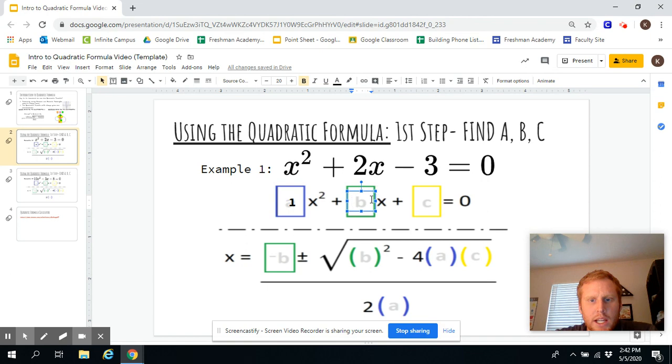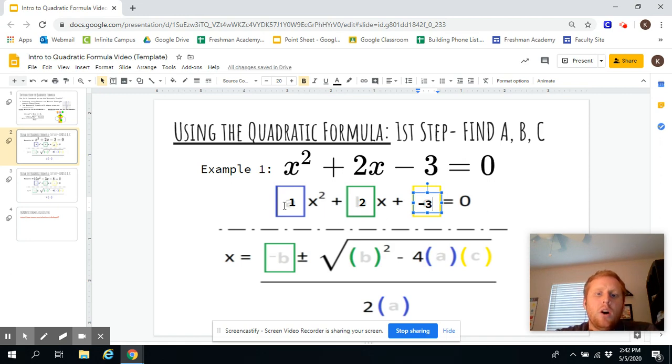Then we come here and we see it's bx, so the number beside the variable is 2. So we have 2 being our b. Then we have our constant, which is by itself, but remember, take that negative with it. We have -3 as our c.